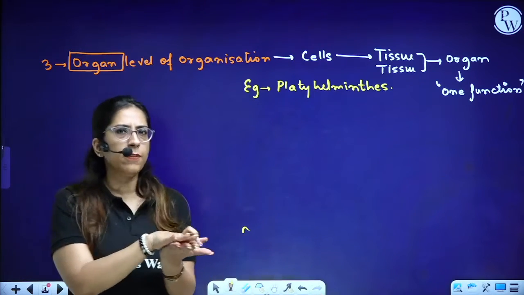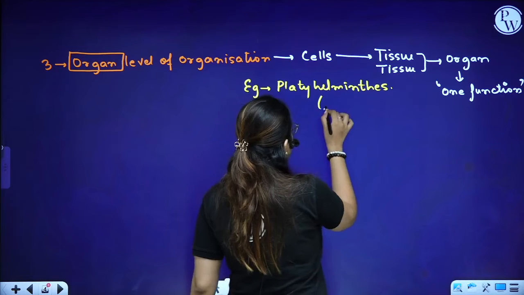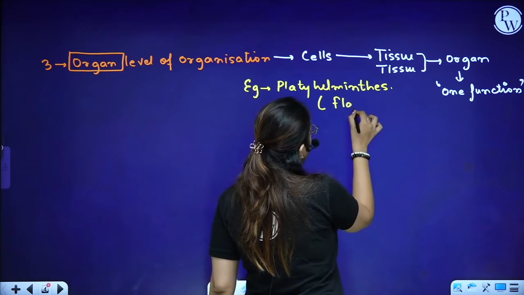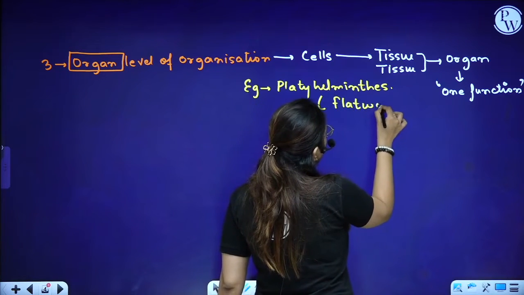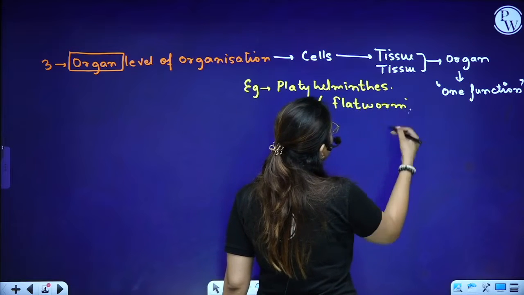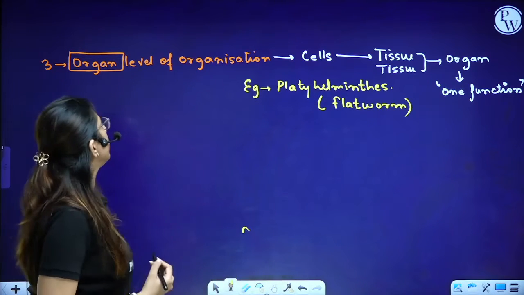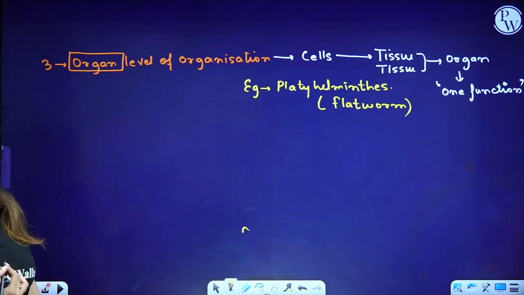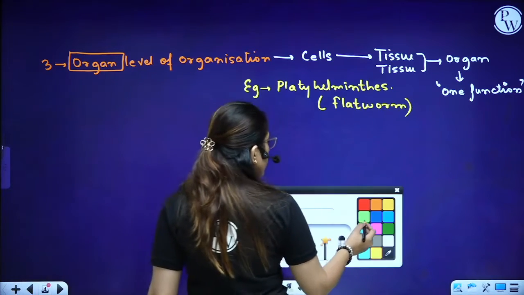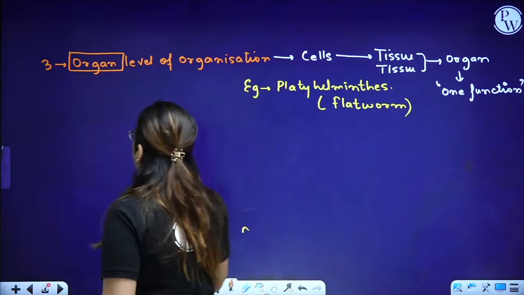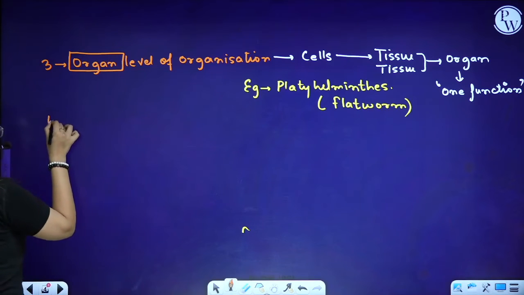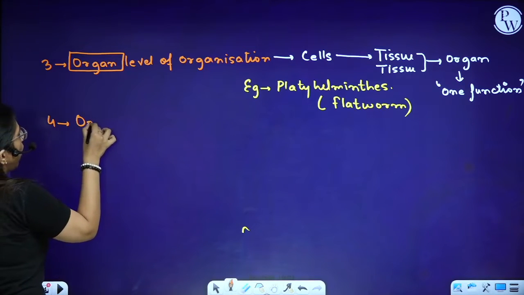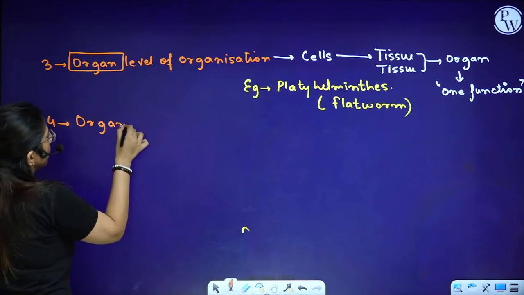They are the flatworm. These are actually worms which are flattened dorso-ventrally. So organ level of organization is clear. Let's talk about the highest level of organization, that is the organ system.